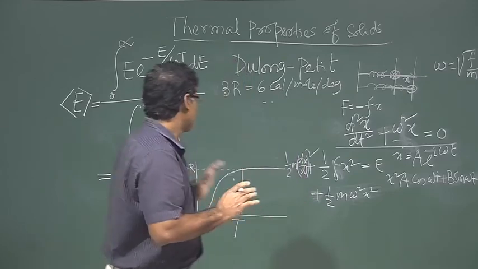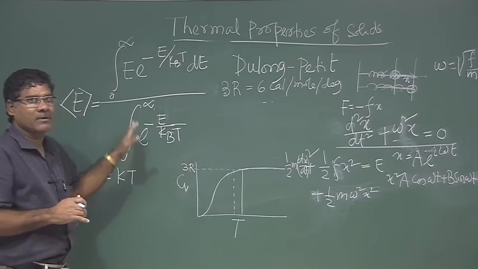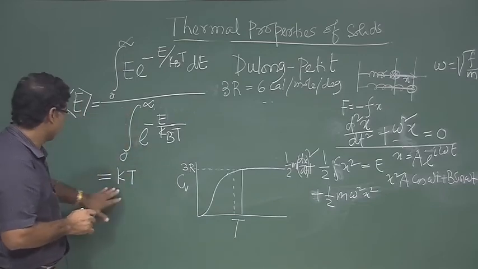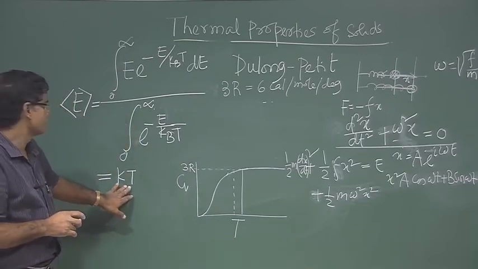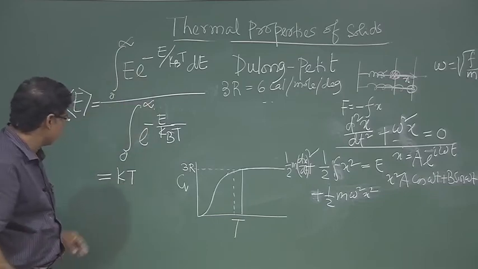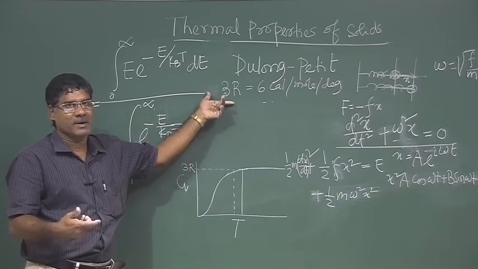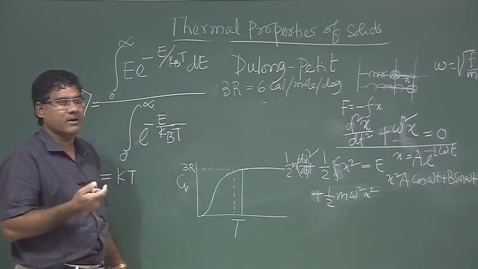So, average energy. Here n number of particles we have considered. If you do the integration, you will get kT. Now I have n number of particles, each particle having 3 degrees of freedom.